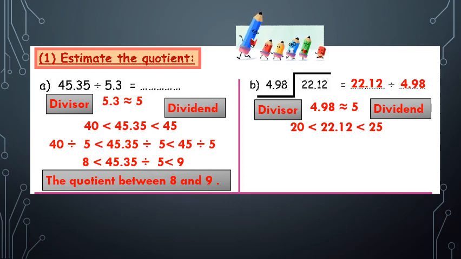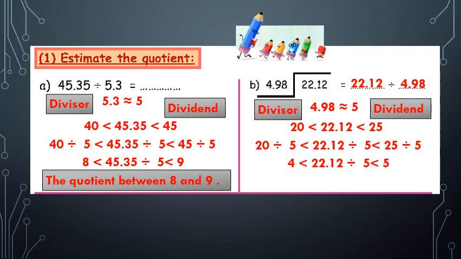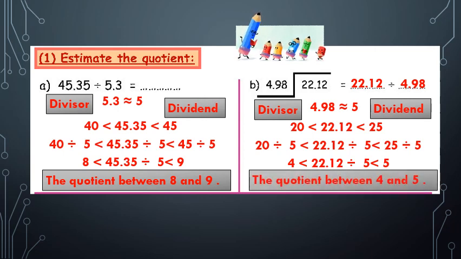Now divide each item by 5. So 22 and 12 hundredths divided by 5 will be between 25 divided by 5 and 20 divided by 5, between 5 because 25 divided by 5 equals 5, and 4 because 20 divided by 5 equals 4. So the quotient will be between 4 and 5.